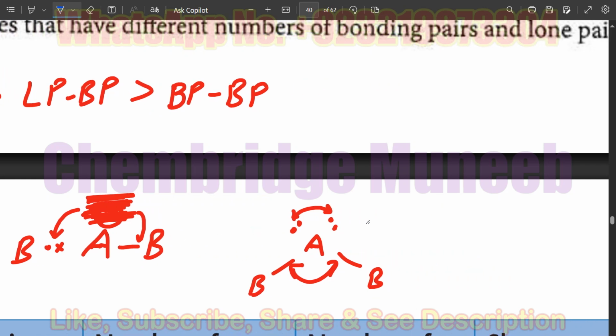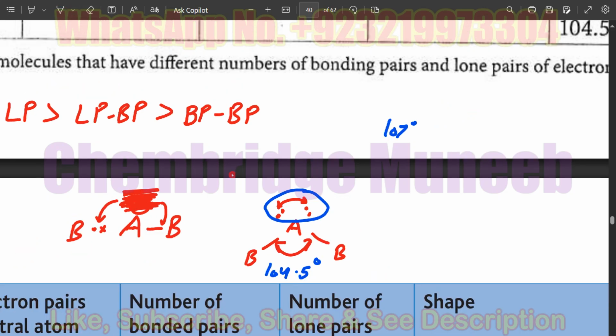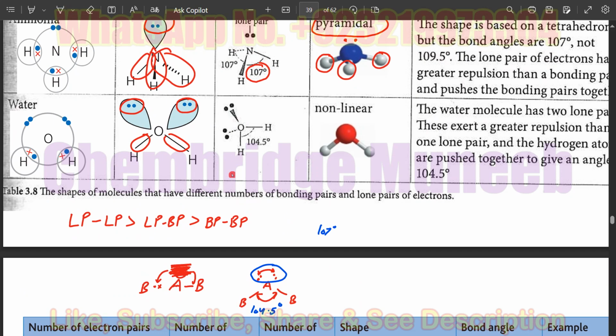Previously, because of one lone pair, the angle was 107 degrees, but because of 2 lone pairs, the angle will reduce further and become 104.5 degrees. That's the angle between these atoms in this direction. Is that clear? Yeah. So lone pairs are compressing the structure.